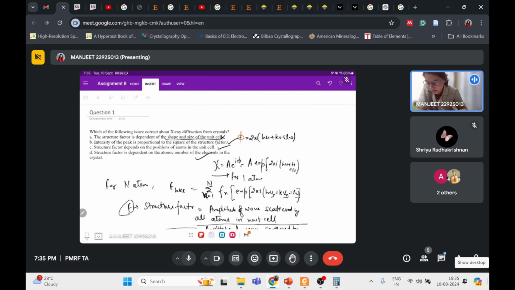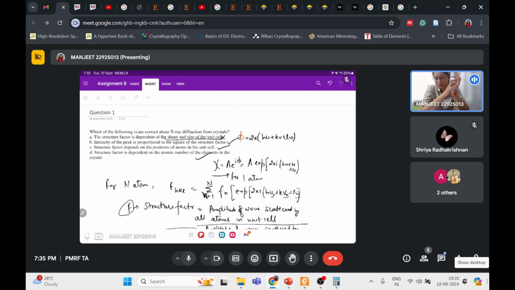So let's move through the questions one by one. I will give you a brief description of the questions in assignment number 8. In the first part, it is asked how the intensity and the structure factor are related to XRD diffraction.